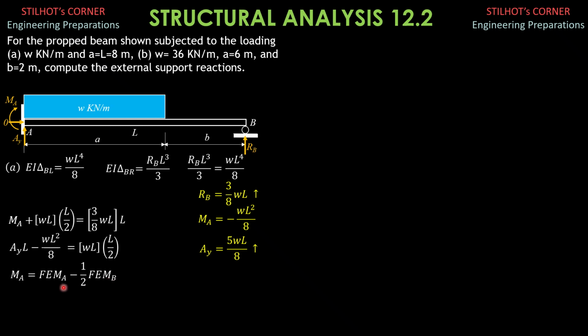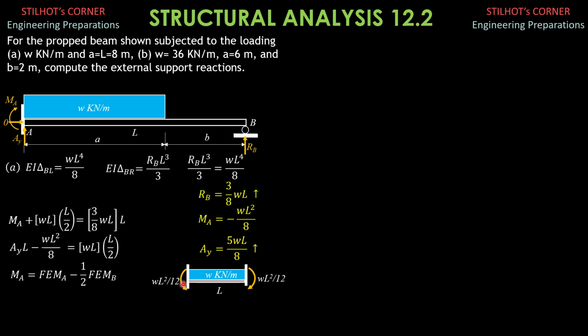So, fixed moment at A is counterclockwise, so negative WL squared over 8, and fixed moment at B is positive WL squared over 12 when the beam is entirely loaded as shown in the figure.